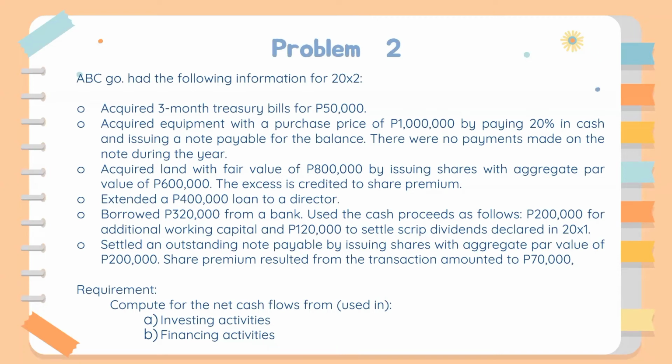So, yung acquired equipment with a purchase price of 1 million by paying 20% cash and issuing a note payable for the balance. Ano naman siya? Yung 200,000 lang yung kasama kasi yung 80%, it is a non-cash transaction.